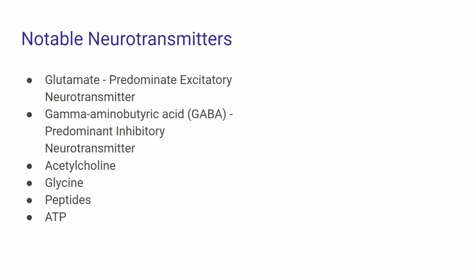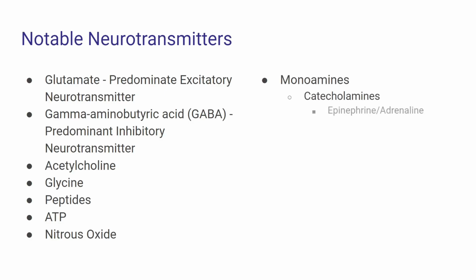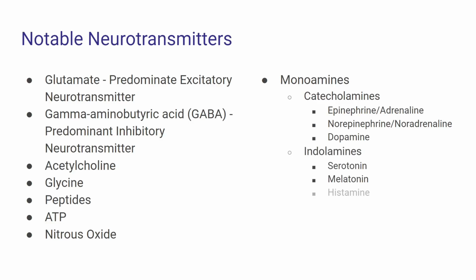ATP can act as a neurotransmitter. Nitric oxide acts as a neurotransmitter. There's what's called monoamines, so these include catecholamines like epinephrine or adrenaline, norepinephrine or noradrenaline, dopamine, and indolamines, including things like serotonin, melatonin, and histamine. These are some of the key molecules that contribute to the functioning of our brain and drive a lot of the neural activity.